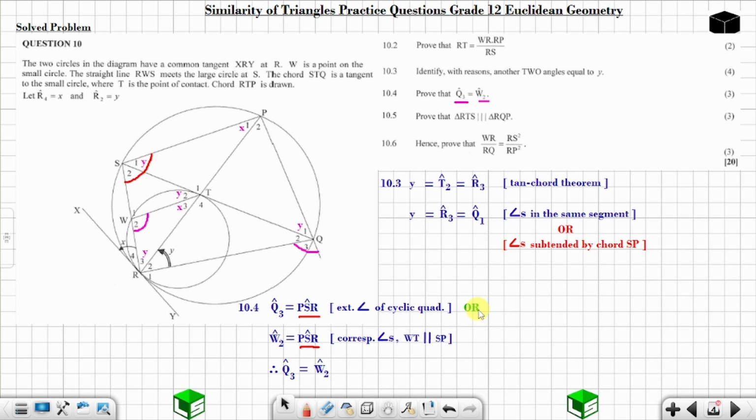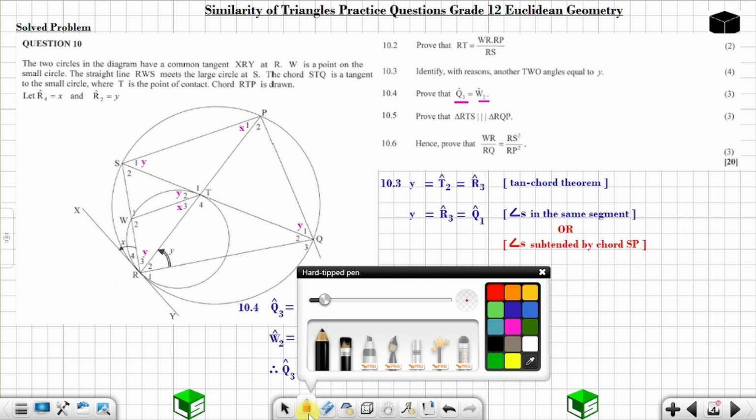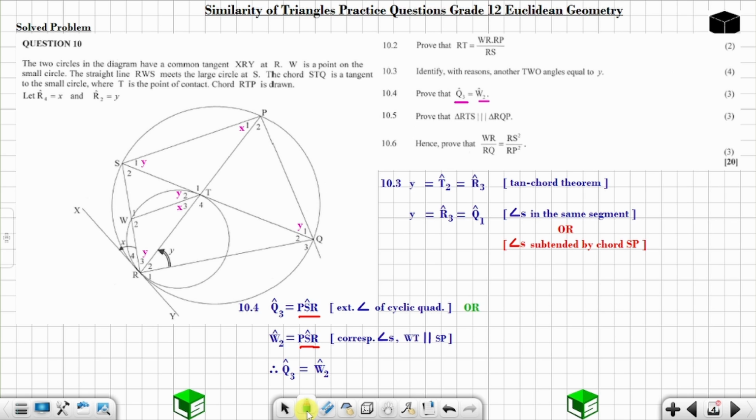Or the way to prove that the two angles are equal, this angle and this angle, okay, you can use another method, okay.